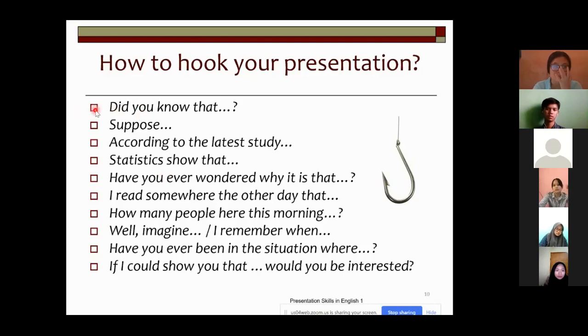For example, by asking, ladies and gentlemen, did you know that blah, blah, blah, regarding your main topic. Ladies and gentlemen, did you know that COVID-19 recently has been blah, blah, blah.